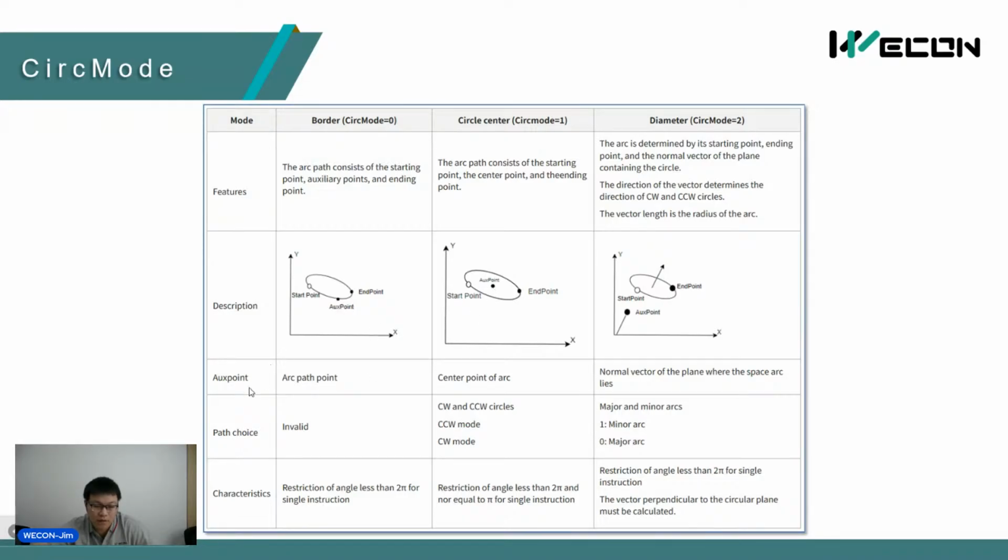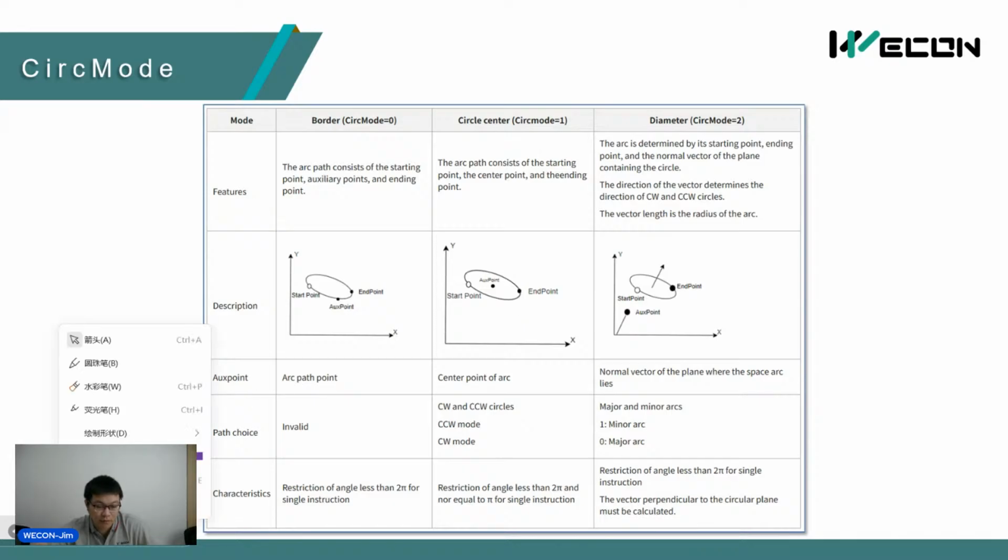Here the axis point is the center of this circle. And this path choose is to choose the different direction of curve.